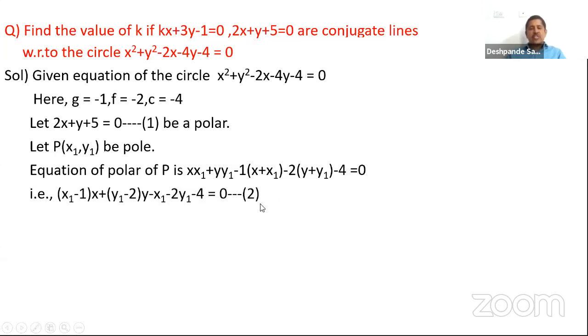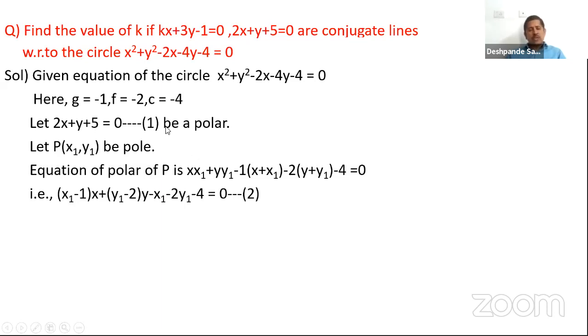Now rearrange this. So you got x here, so you can write it as x1 minus 1 of x plus y1 minus 2 of y minus x1 minus 2y1 minus 4. So you got an equation in terms of x1, y1 like this.